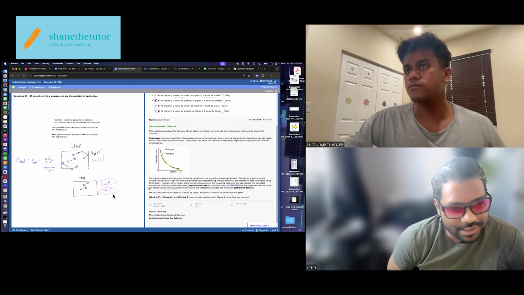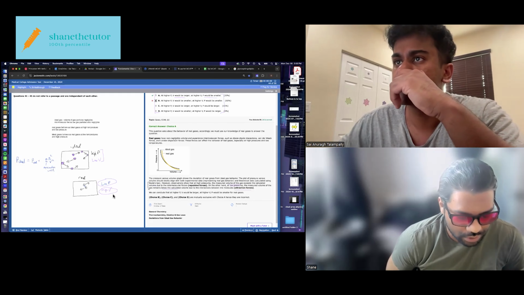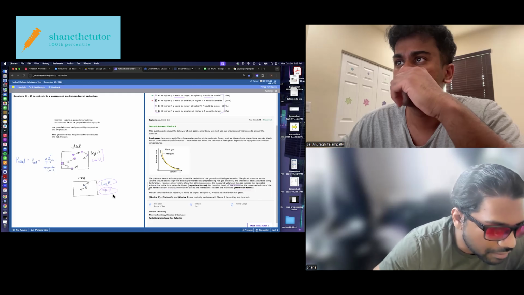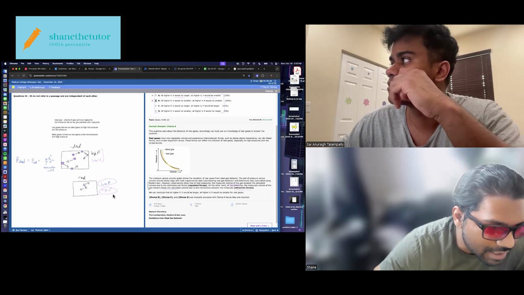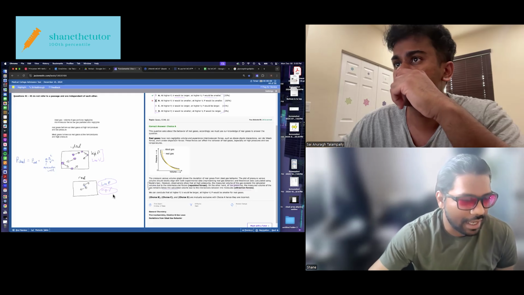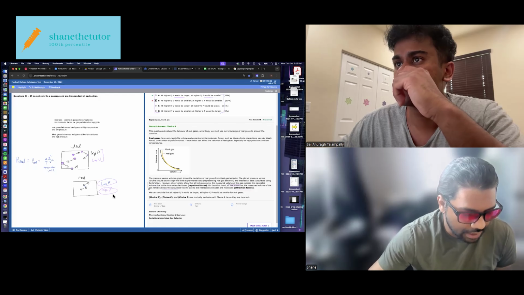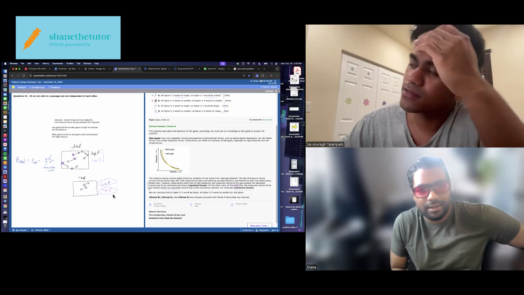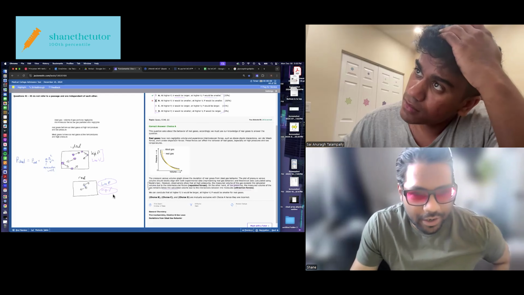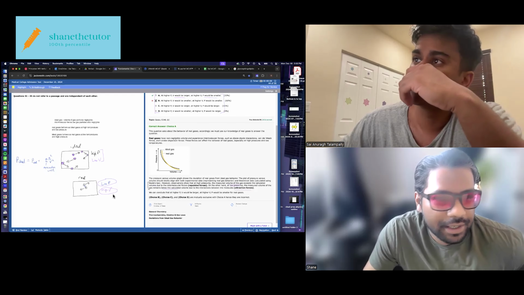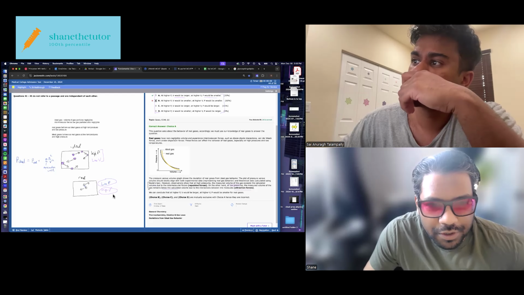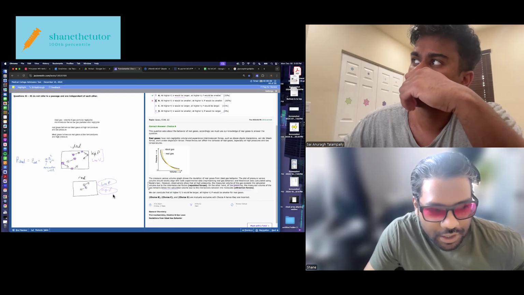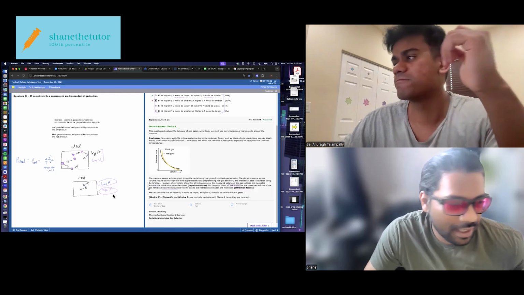And then ideal gases can behave as real gases at low temperatures. Wait, hold on. Ideal gases as real gases. Yeah, the opposite: at high pressure and low temperatures. So at higher pressures, volume would be larger because you consider the volume of the actual particles.